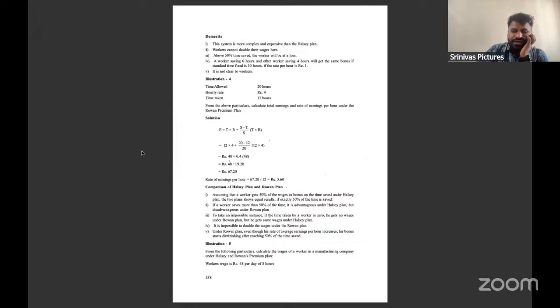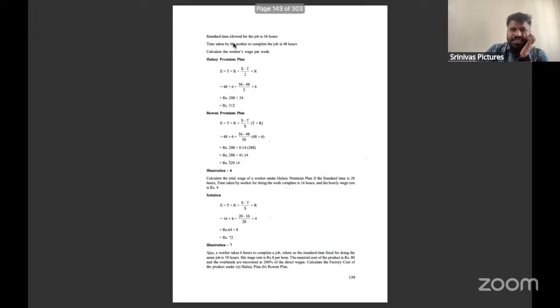If you take the time rate system, what is the amount you are going to receive? Per hour, 48 for 8 hours. Okay. But here, next standard time is allowed 56 hours. Time taken to completion of work hours 48 hours. Calculate the wage per week.